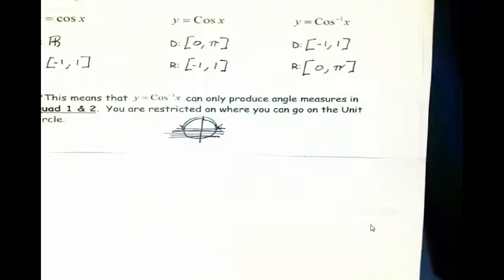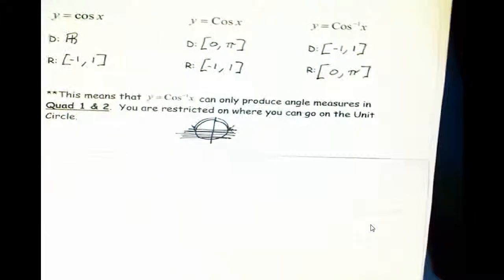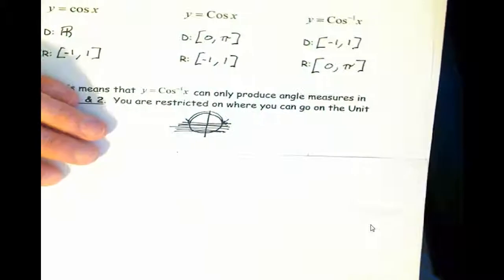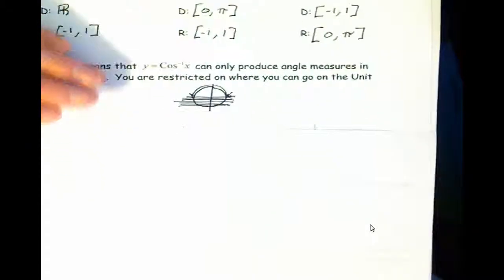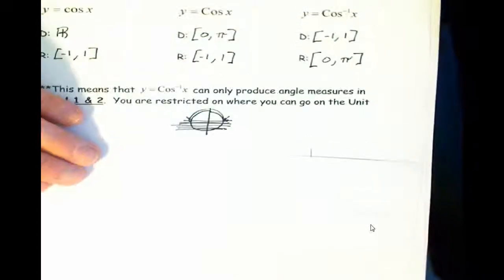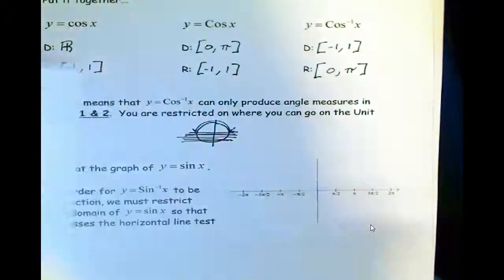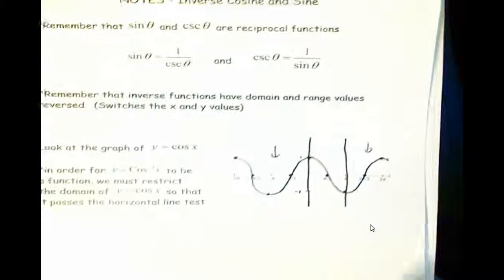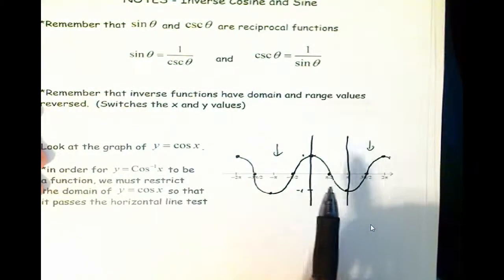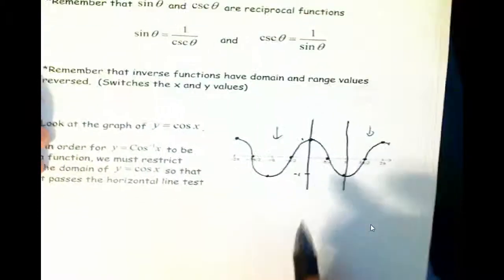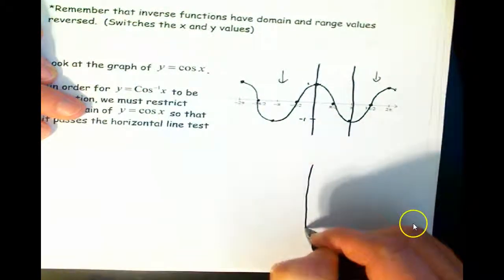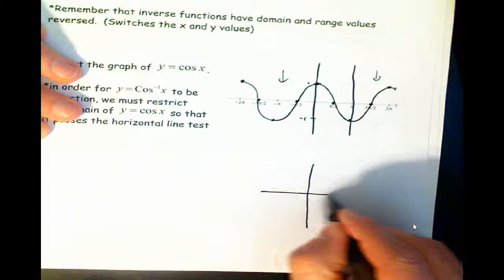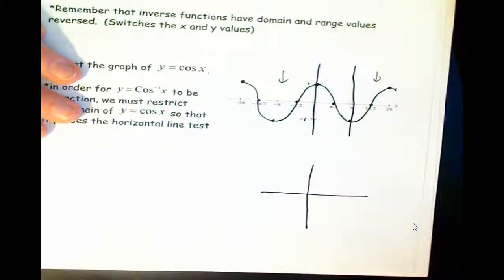Let's draw the graph of an inverse cosine graph, based off of that graph that we just did, this little inverse section right here. The first thing we need to do, I'm moving this down so I have space, is draw a little graph right here.